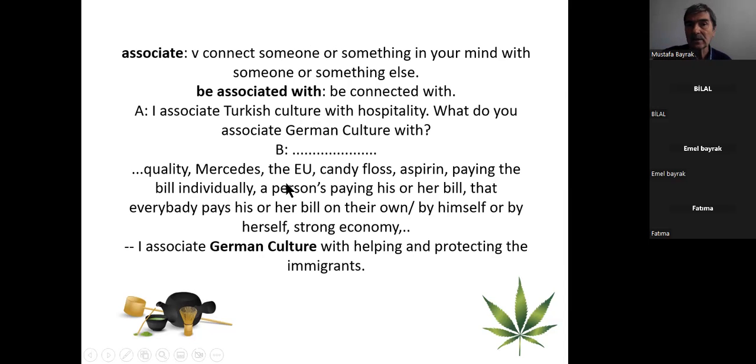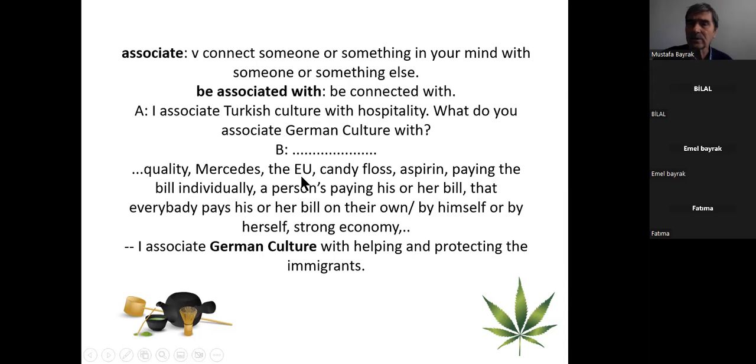Okay. The EU, the European Union, for example, we associate with this. Let's make a sentence with this. We associate German culture or Germany with the European Union.